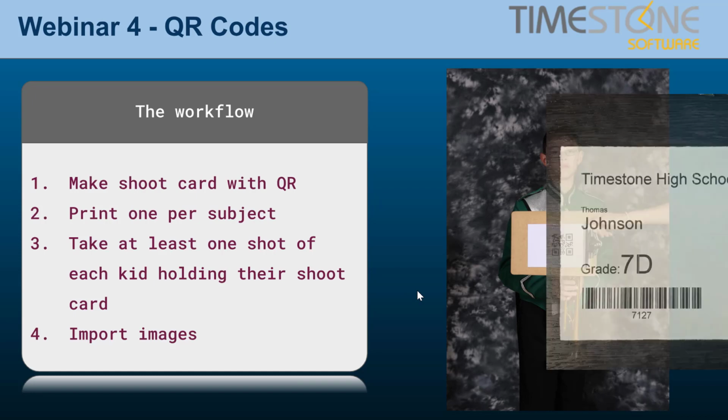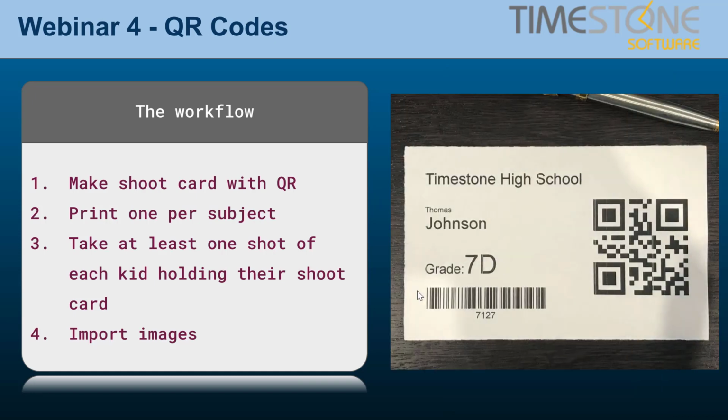The third way is people might grab the QR from the subject and pop it on their desk, and then just take a photo that way. And that has the advantage of, it's going to be nice and flat. It's going to be in the same plane as the camera. You can zoom in to fill the frame with the shoot card, so that all works fine as well.